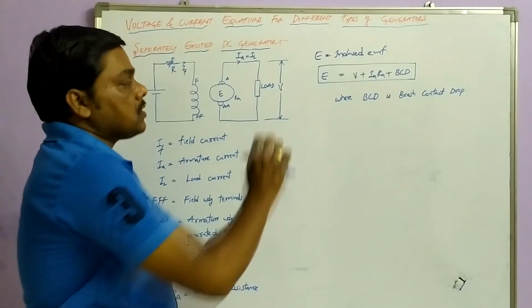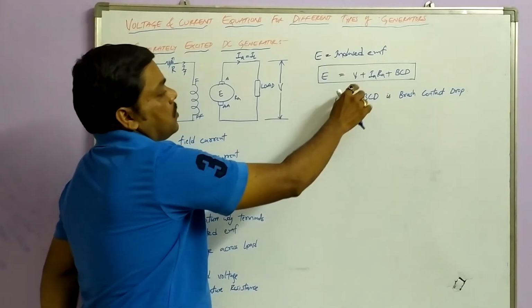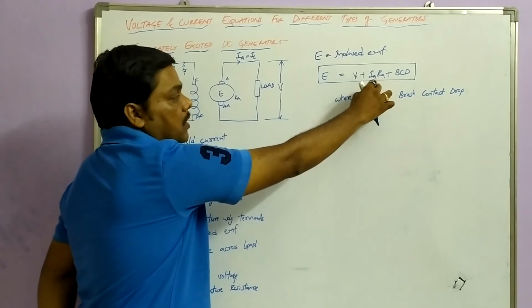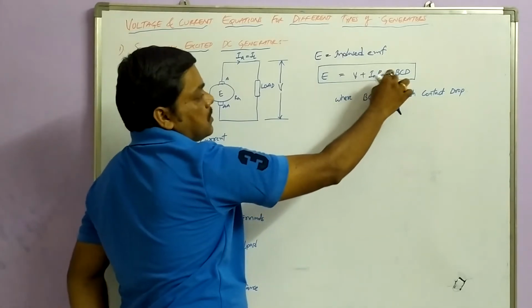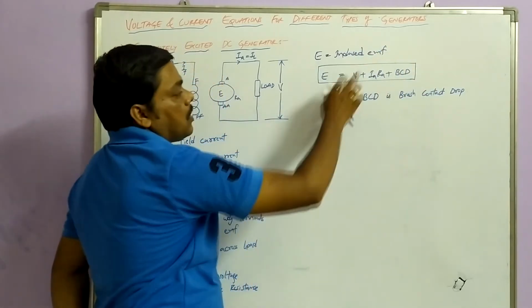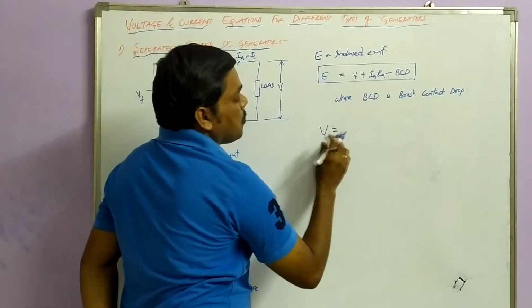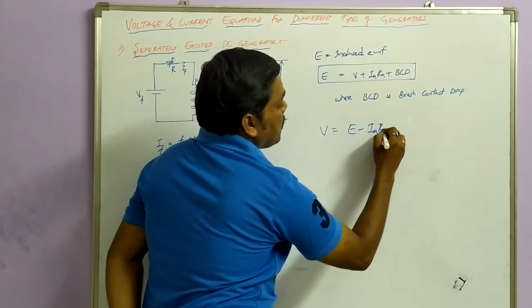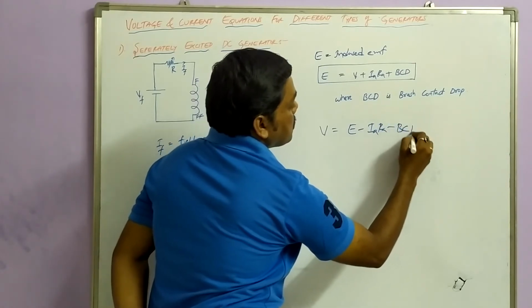Now overall, the induced EMF is the load voltage plus IA RA, the drop across armature resistance, plus the brush contact drop. We can also write V, the load voltage available, is equal to E minus IA into RA minus BCD.